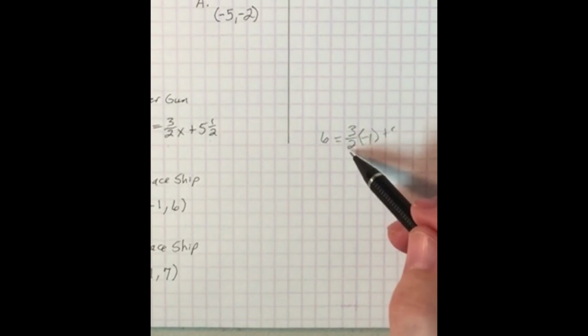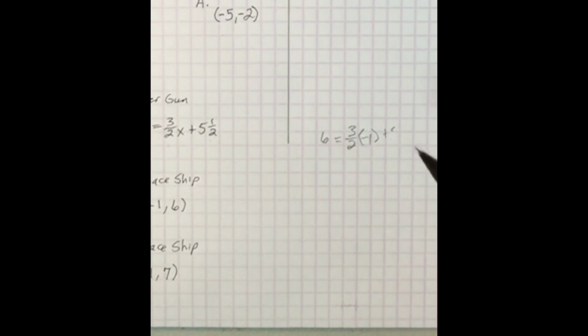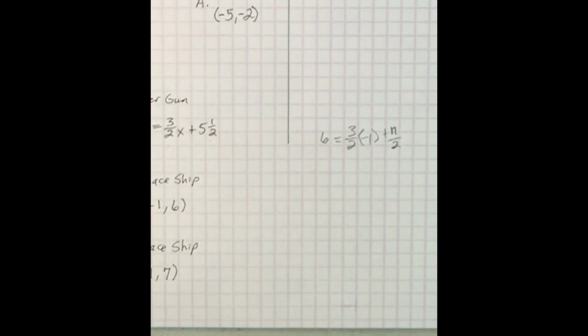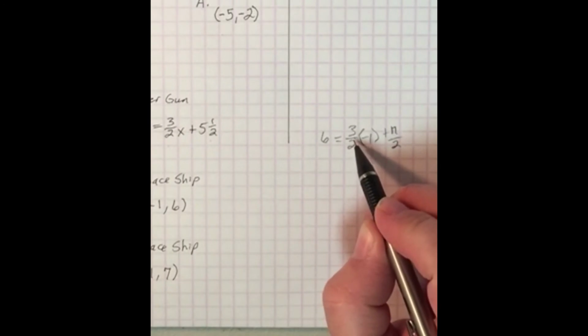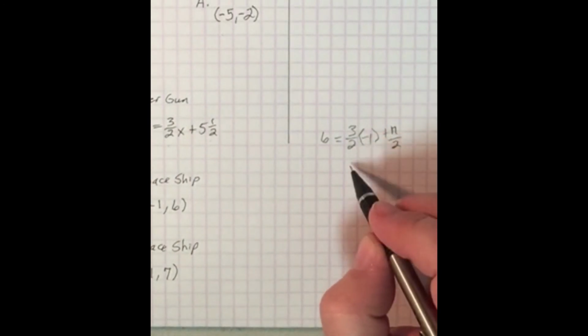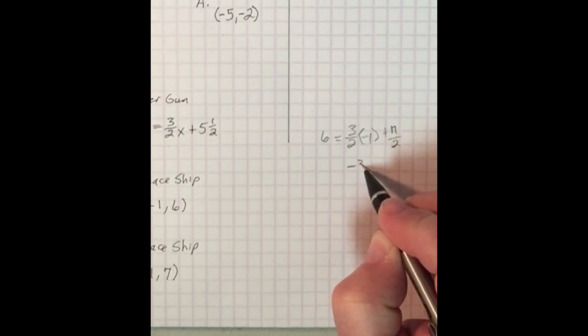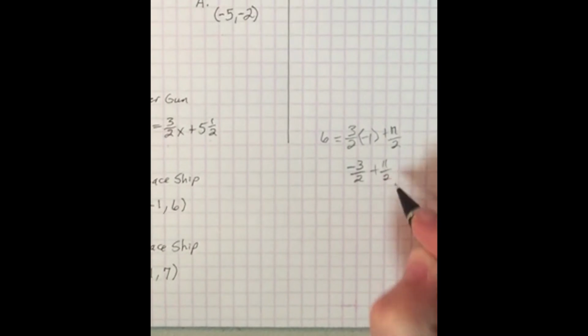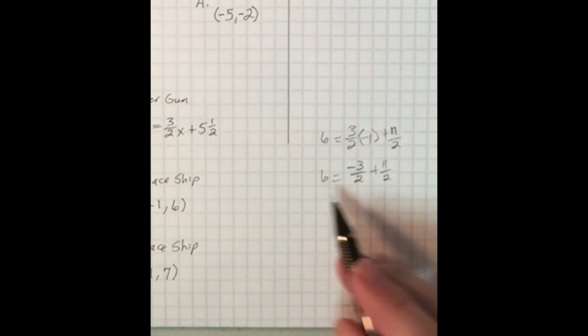Now we already have a fraction here, and so I'm going to turn this into a fraction, and we can actually go 11/2, which is the same as 5.5. So if we solve this equation here, the 3/2 times -1/1 is going to end up giving us a -3/2 plus 11/2. So now our equation is 6 equals this.